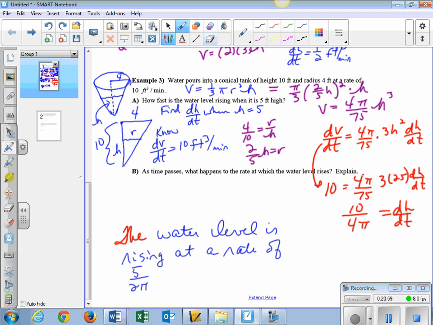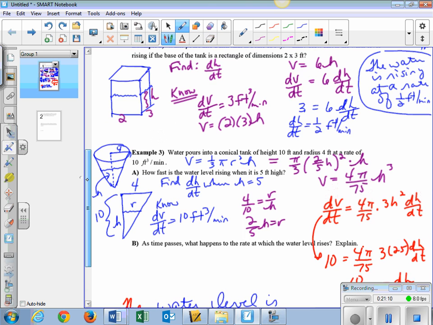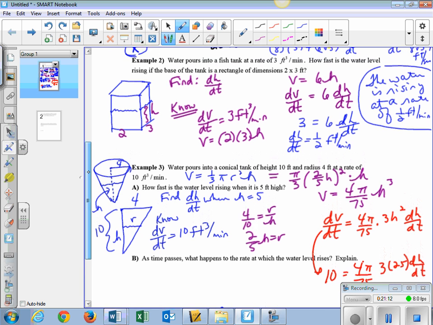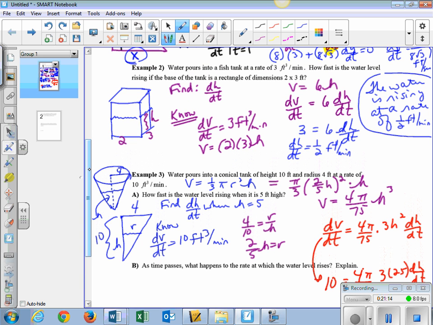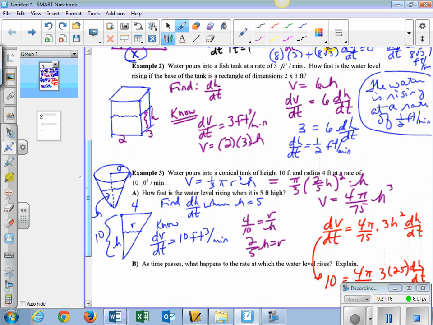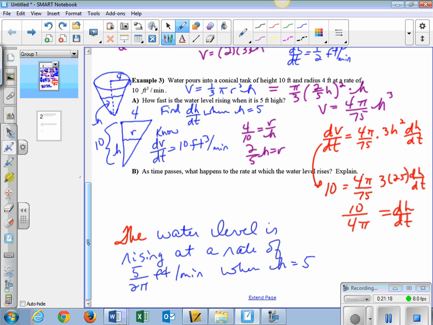I could reduce that or leave it as 10 over 4 pi feet per minute when h is equal to 5. I think we're okay with all that.